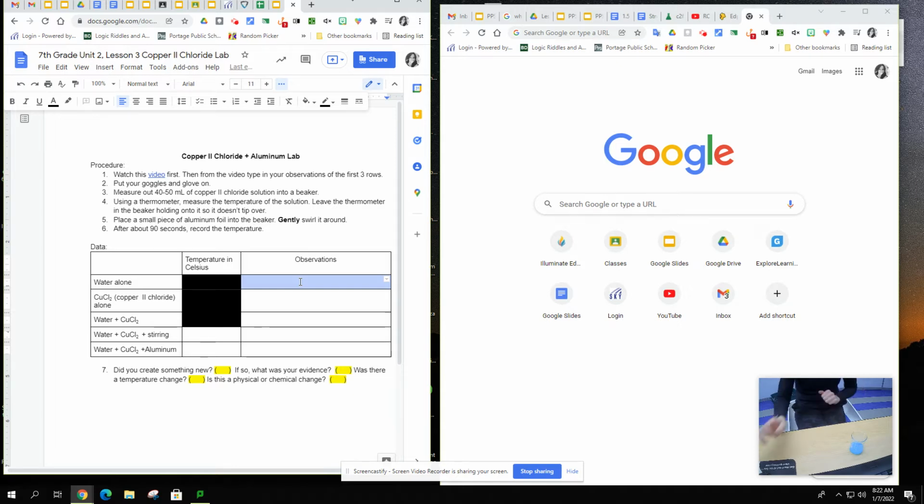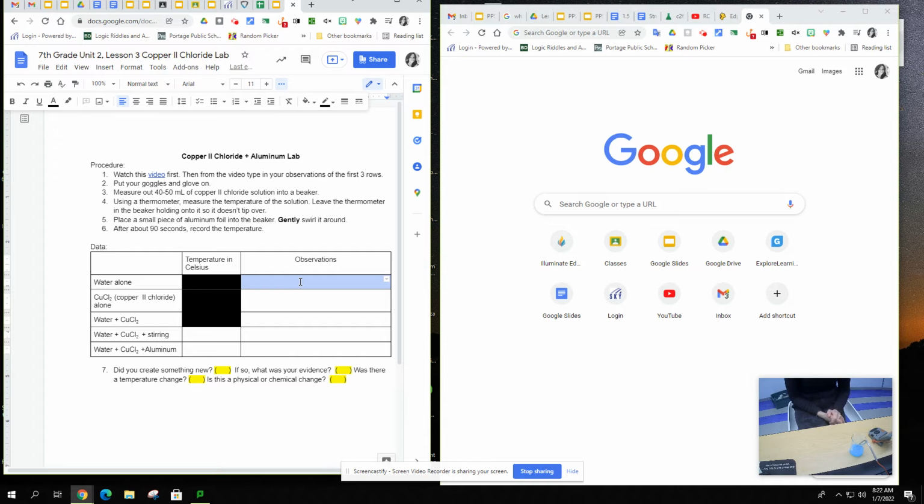Okay, so I'm going to now do the temperature of the copper chloride solution. We're just going to stick this little thermometer in there. Come on. Nope. Let me turn it back off and back on. There we go.